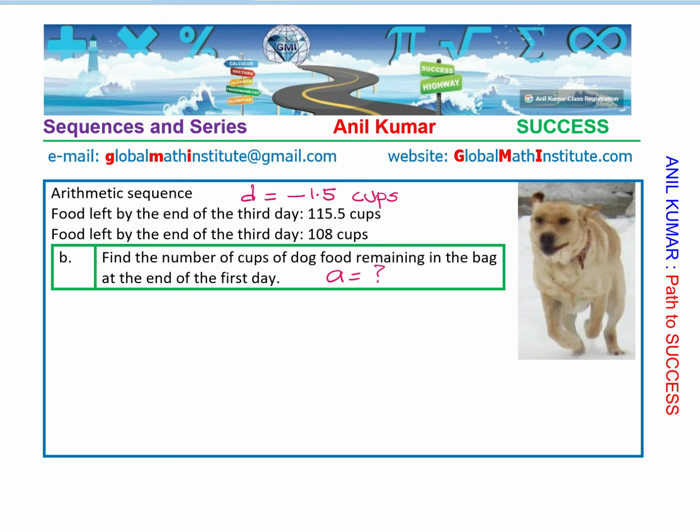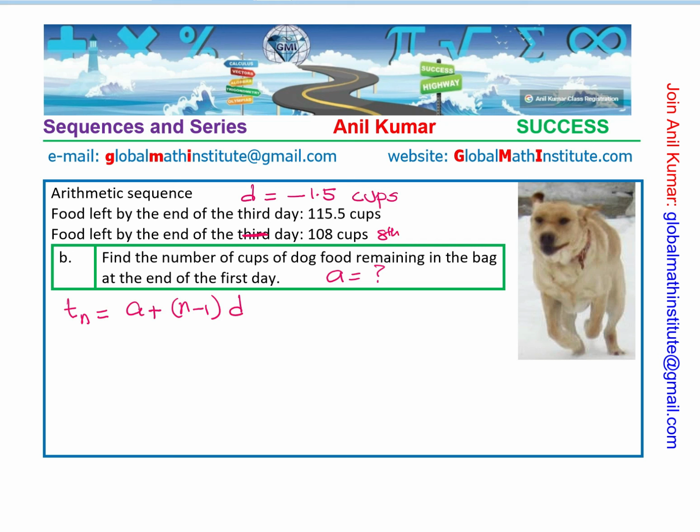So, we can take up one of those equations which we had to begin with. We just wrote that the nth term is A plus (n minus 1) into D. I'm just rewriting. So, we'll use the information of the third day, where we had 115.5 cups.